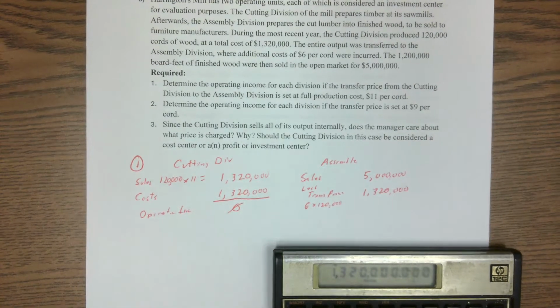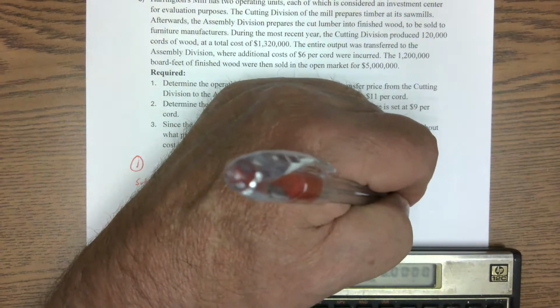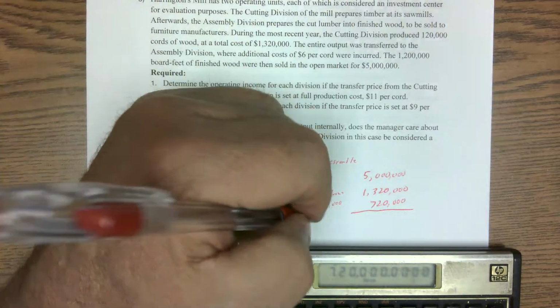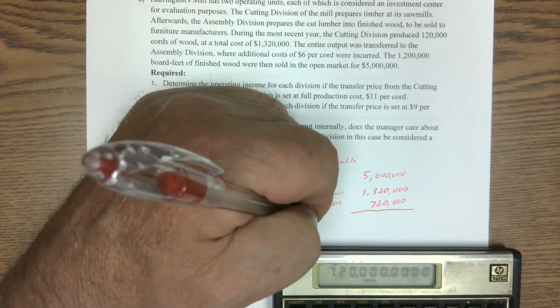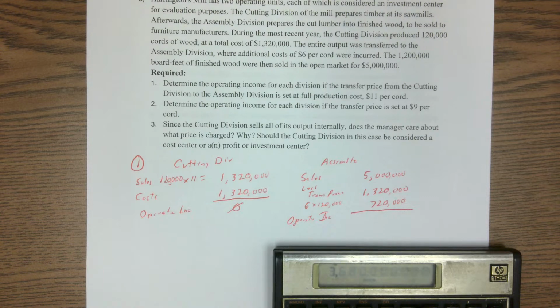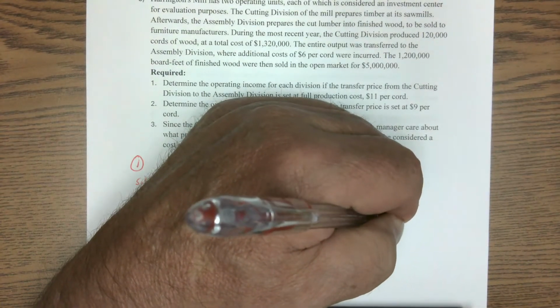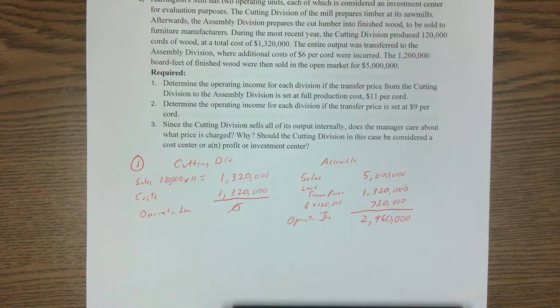So that ought to be 720,000. And it is. Subtract those off, and we get an operating income of 5 million minus 1,320,000 minus 720,000 is 2,960,000.